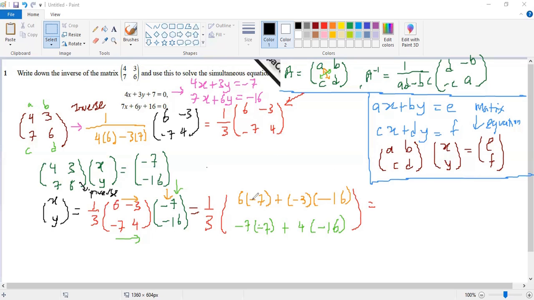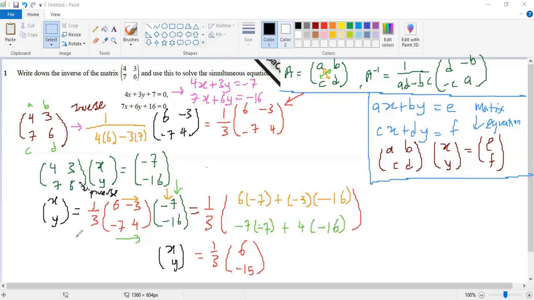So this becomes 1/3. Then let's use the calculator, please. 6 times negative 7 plus negative 3 times negative 16. Then negative 7 times negative 7 plus 4 times negative 16, which is negative 15. So this would be x, y.